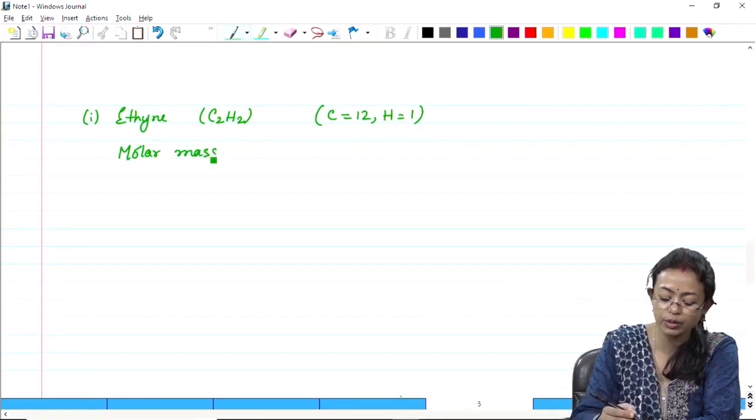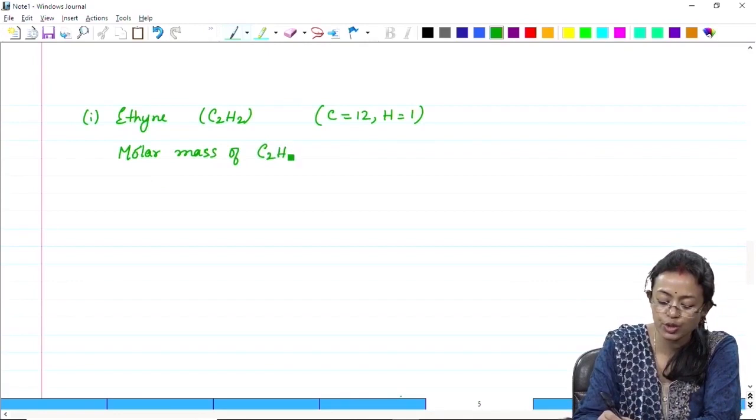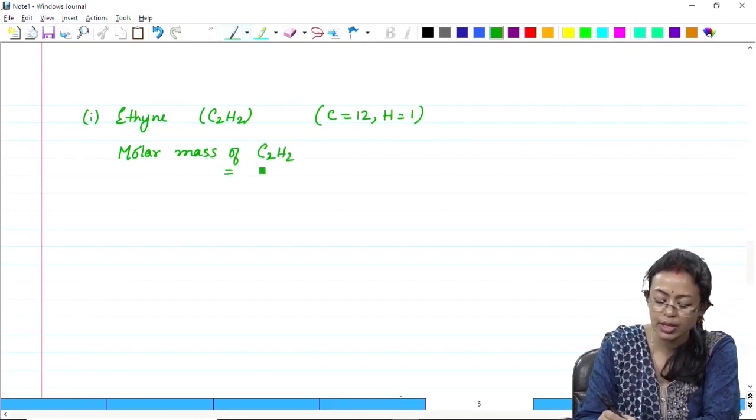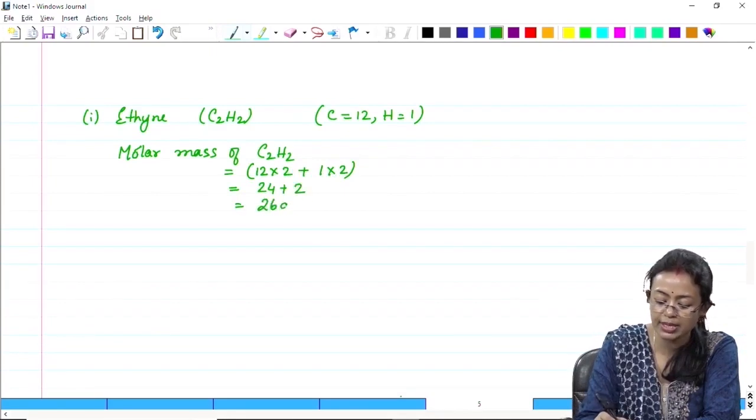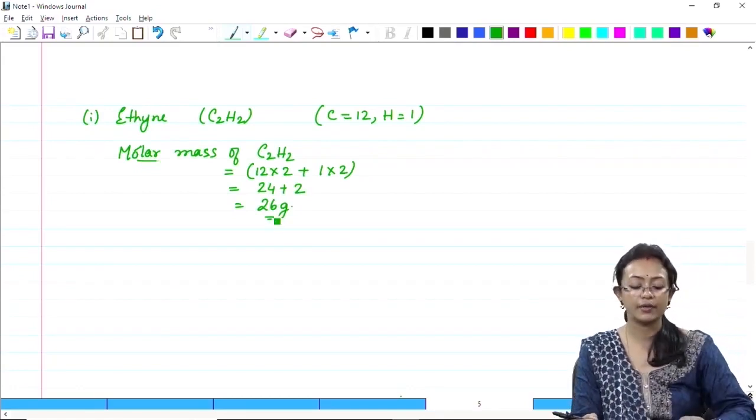So how do we find out the molar mass? The molar mass of C2H2 is equal to 12, the atomic mass, into the number of atoms, plus the atomic mass of hydrogen into the number of atoms, which is equal to 24 plus 2, which is equal to 26 gram. Because it is molar mass, we are expressing it in grams.